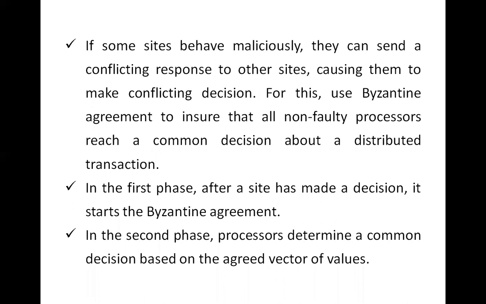If there are faulty processes, they will relay different values, but ultimately all the processes maintain a certain vector, and based on the values available in the vector, they take the majority of the value and agree on the vector of that value. So this Byzantine agreement can be very helpful in doing the atomic commit for the transactions done in the distributed database.